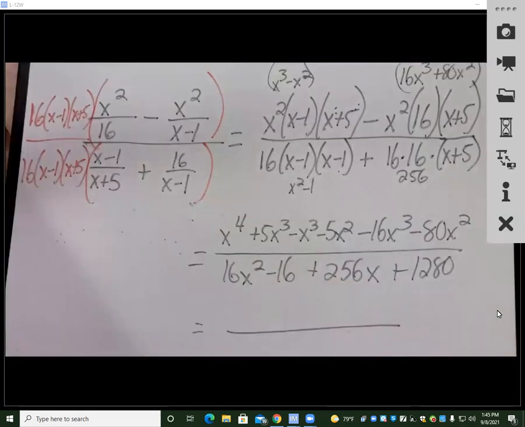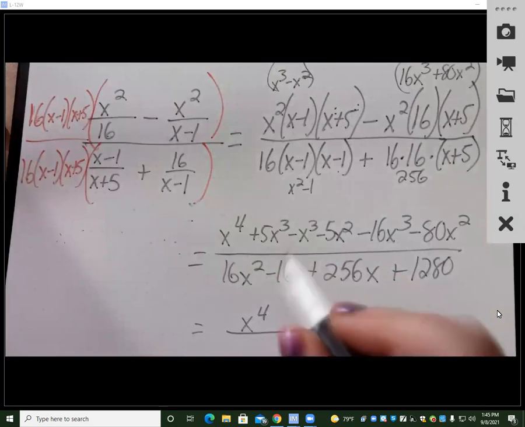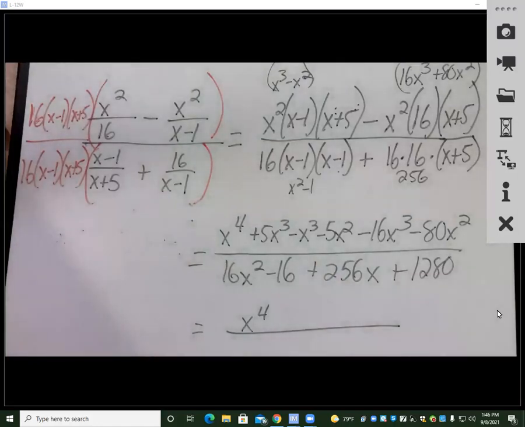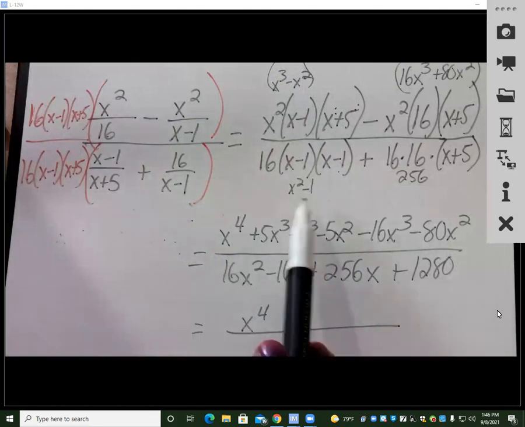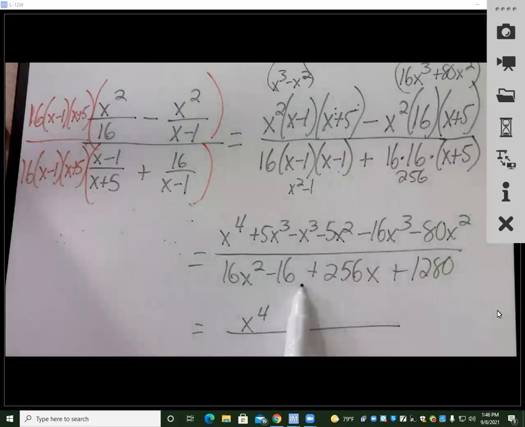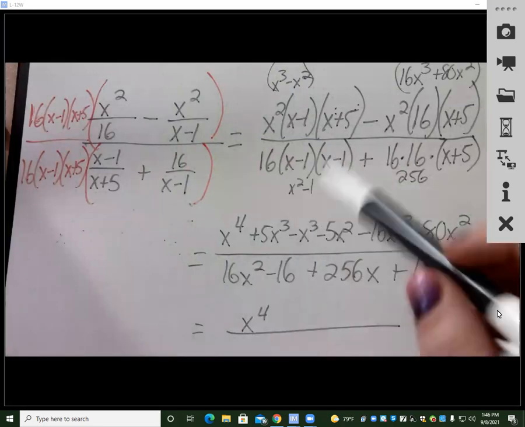So up top, x to the fourth, I've got where are you looking? Here? No, on the bottom, because you did x minus 1 times x plus 1, wouldn't it be like x in the middle of 16x squared?